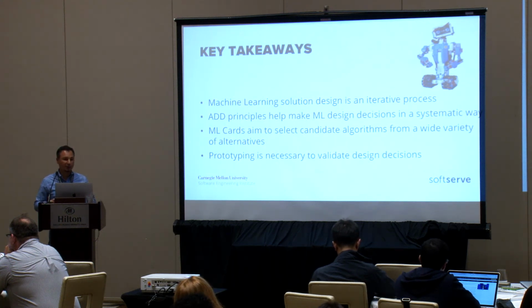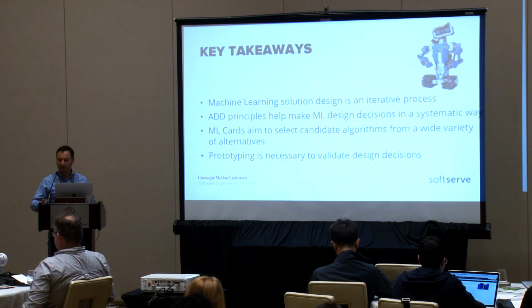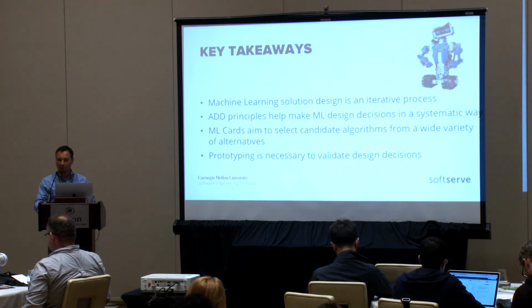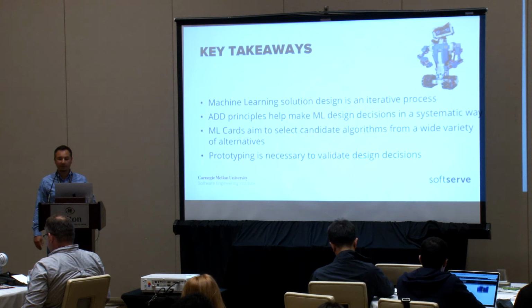So that's why we suggest that you pick 3 or even more algorithms, but 2 or 3 is a good number as an initial step, as a design process activity, and then use some experimental methods like rapid prototyping in Jupyter Notebook for selecting the best algorithm for your task. All right, so thank you very much.